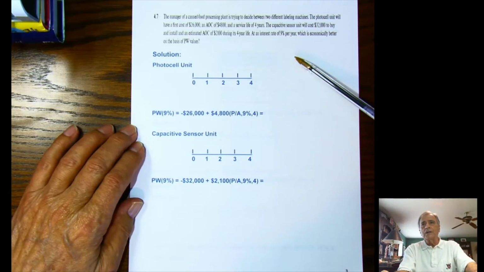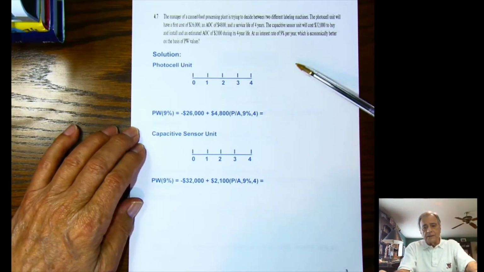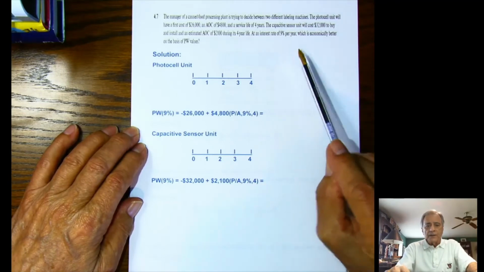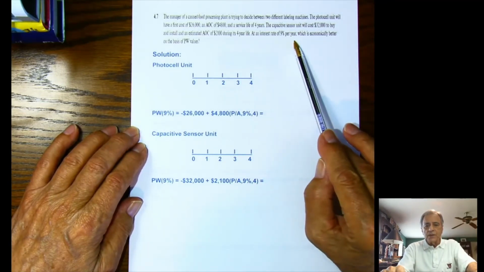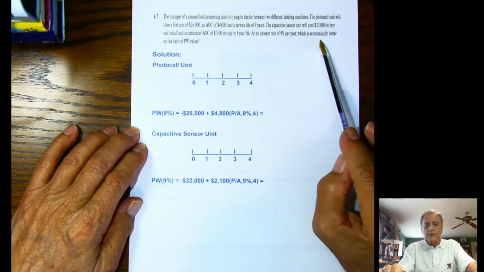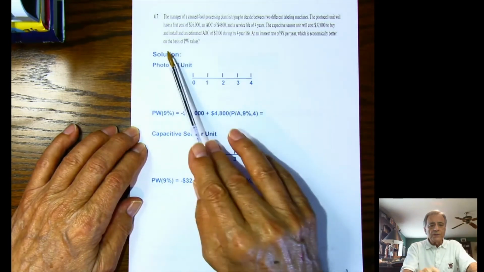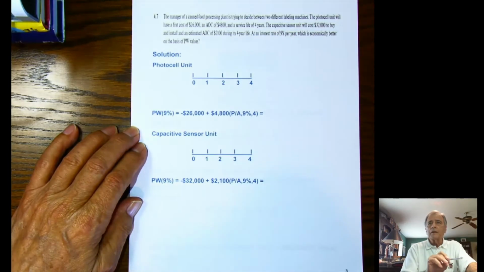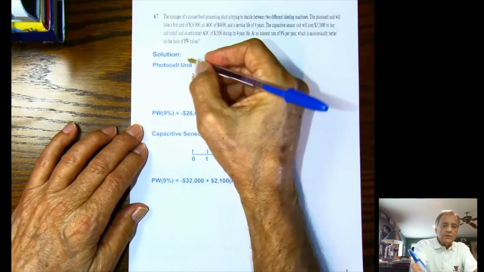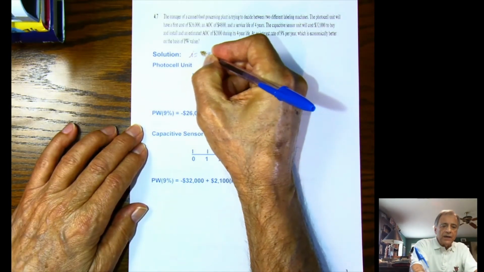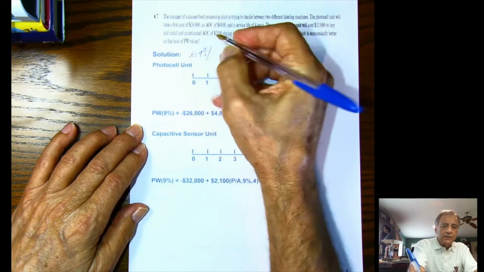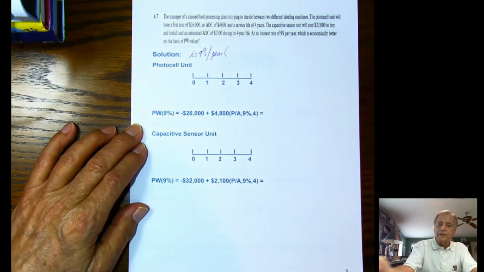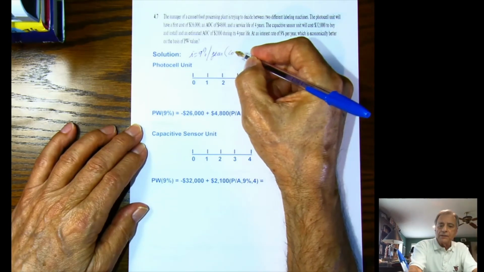So we want the one which has the least cost present value. The author says use the interest rate of 9% per year, and which is the best value based on present worth analysis. So I is equal to 9% per year, and he doesn't say compounded what, so we assume compounded annually.